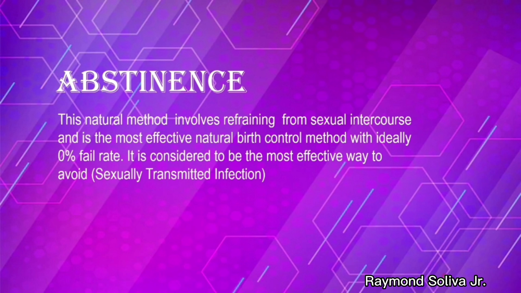Bakit nga ba? In this process, individuals think that they are not ready to have sexual intercourse. They kiss, cuddle, and do some things but not sex. There are many reasons kung bakit nila ginagawa yung abstinence. Pwede ayaw nila mabuntis or ayaw nila magkaroon ng sexually transmitted disease.